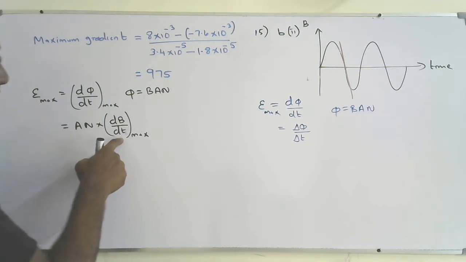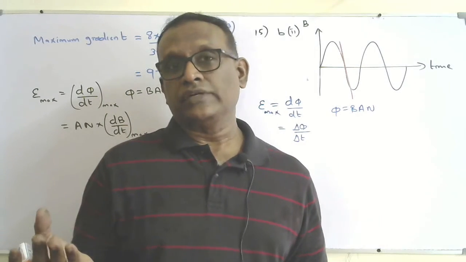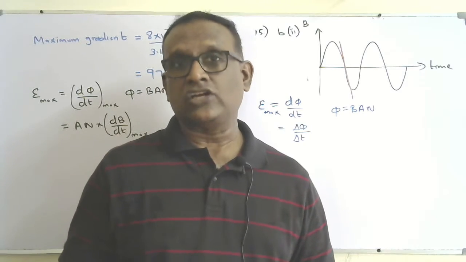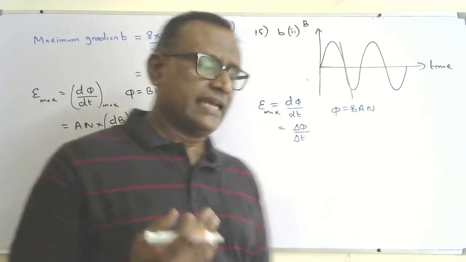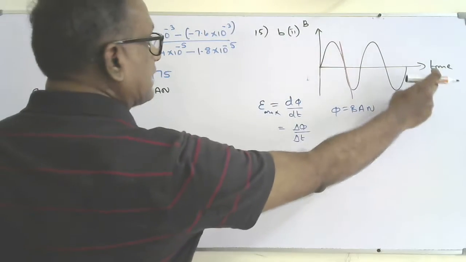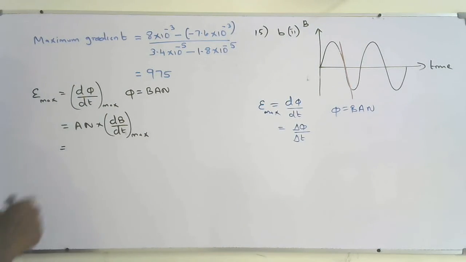dB/dt maximum is the gradient of the B against time graph. You learned that in the velocity-time graph, dv/dt gives the acceleration, that's a gradient, and dx/dt gives the velocity, that's the gradient of the displacement-time graph. Like that, dB/dt is the gradient of the magnetic field strength against time graph. That maximum I found is 975. Now substitute the values.